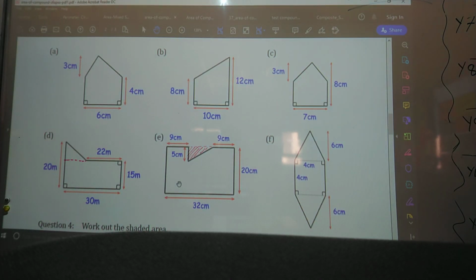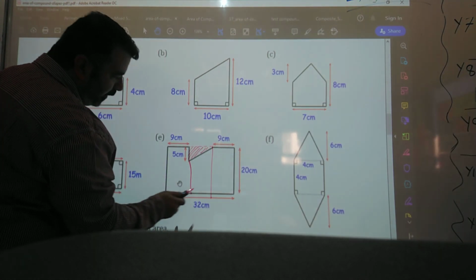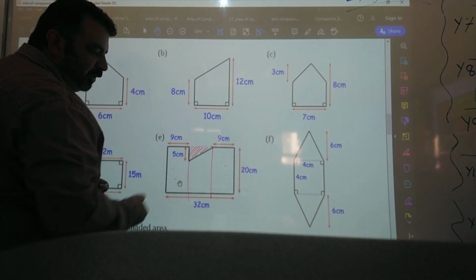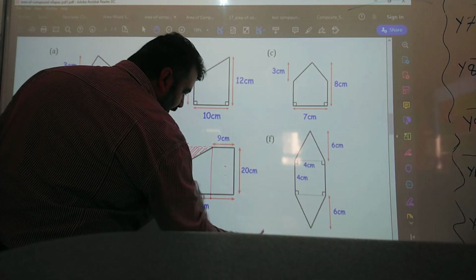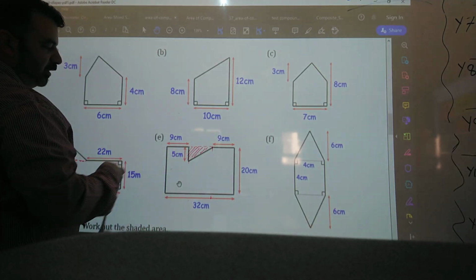Make sense? Think about it. Otherwise, I will break this one into 3 parts, and here I have 2 rectangles and here 1 trapezium, and then I add them. Why? Just find out the whole area minus this part.